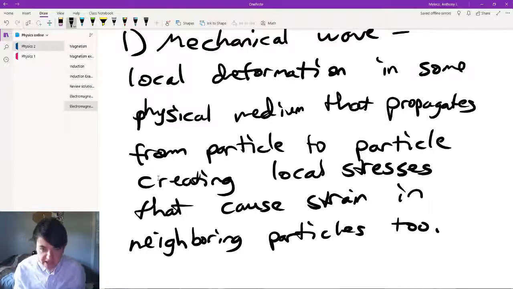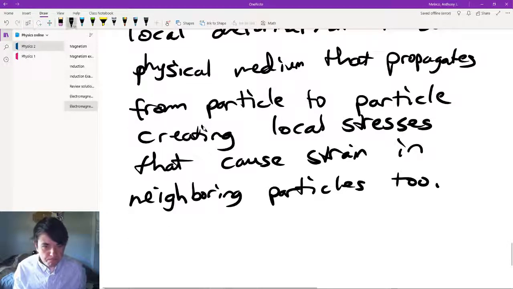And then that again causes more propagation. Okay, so it's like a chain reaction.